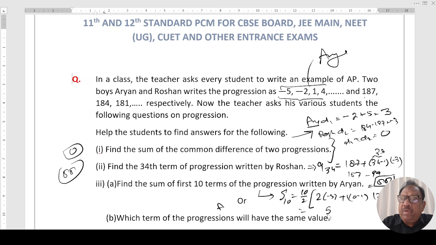If we simplify it, -10 plus 9 into 3, that is 27, 5 into 17, that comes out to be S10.